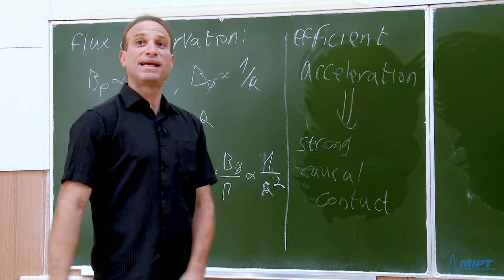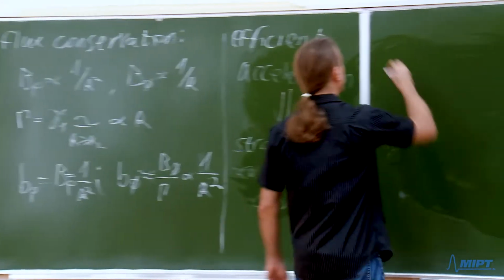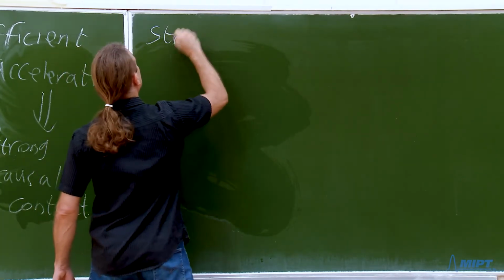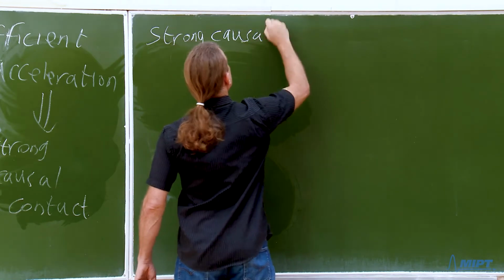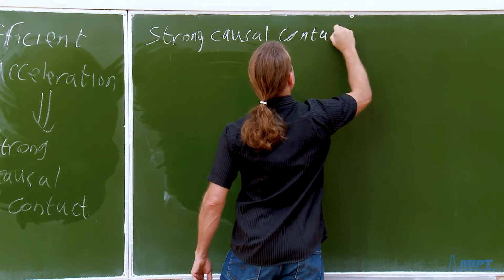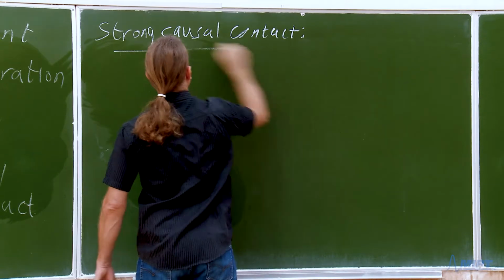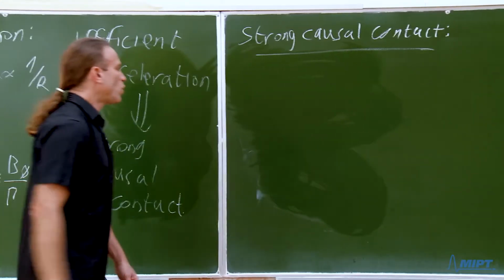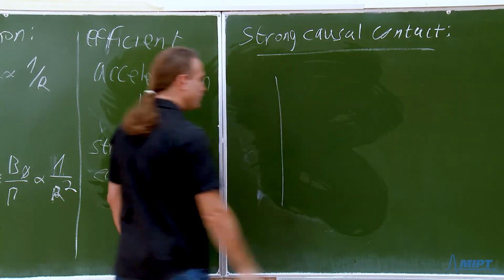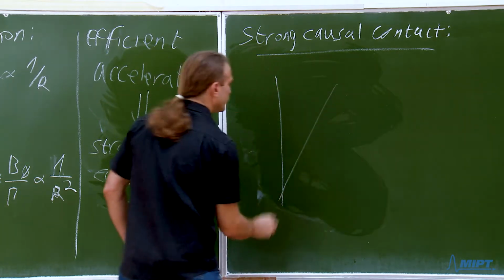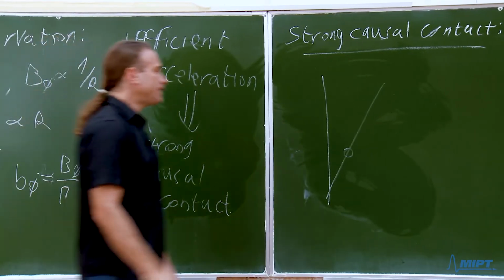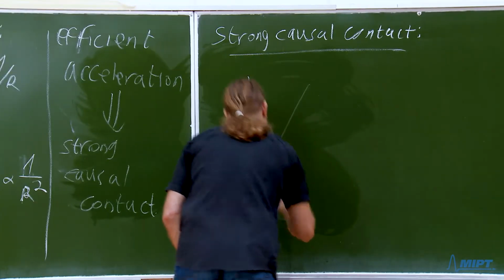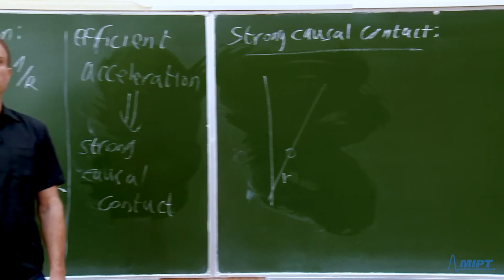So let's try to understand what a strong causal contact means. What I want to do now is define the meaning of strong causal contact. Imagine that we have a fluid element that is moving along some radial trajectory. At time t equals 0, it is located at a distance r from the center.